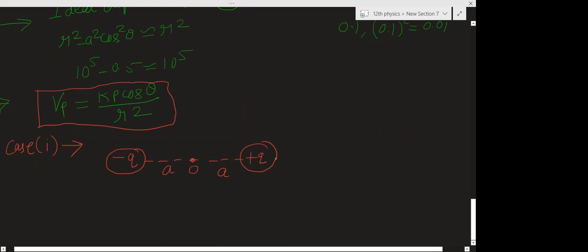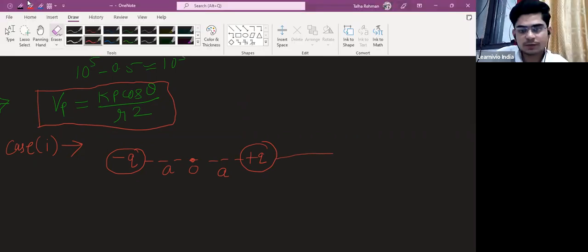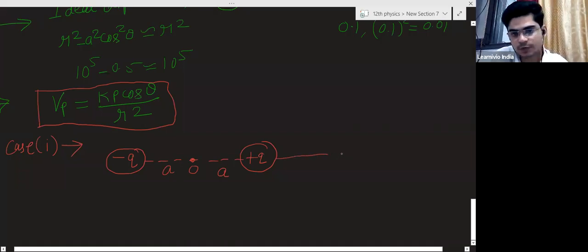If I want to calculate the value of potential at this point, at the axis of this dipole, okay, if I want to calculate the value of potential on the axis, then what will be the value of theta?